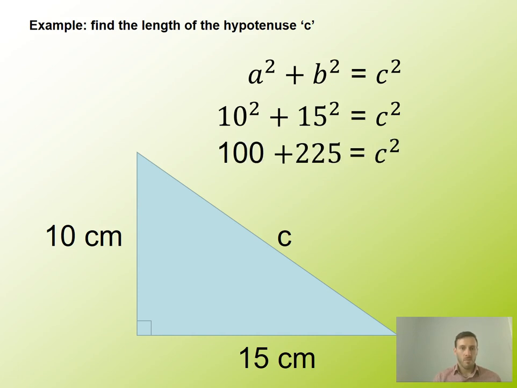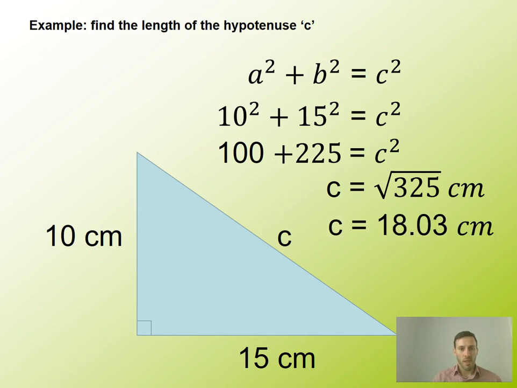We square 10 to get 100, square 15 to get 225, put them together and square root both sides. We get the square root of 325 is the length of C, expressed in centimeters. This is the exact value of C written in surd form, which is sometimes appropriate. Now if we solve that, we get C is equal to 18.03 centimeters.